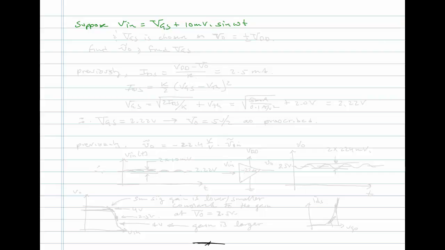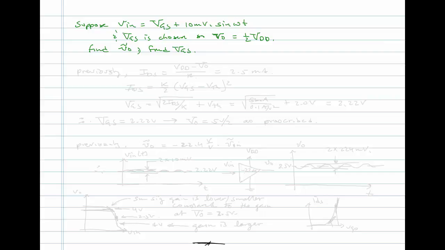And VGS is chosen so VO, big VO, the operating point, is equal to 1/2 of VDD. And we'll say find the small signal output, little vo, and then let's also find the big VGS that's needed.